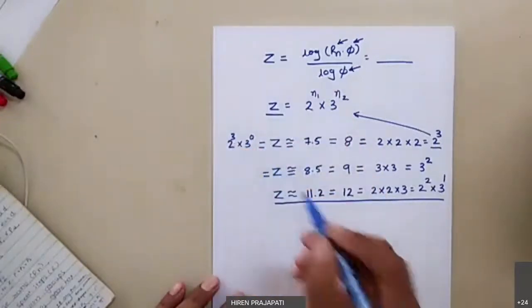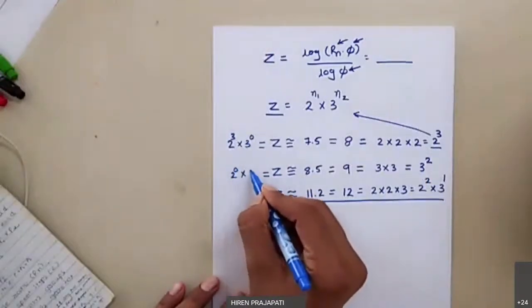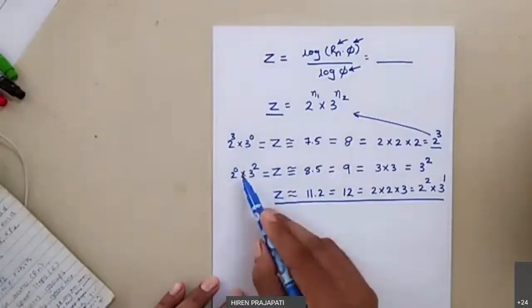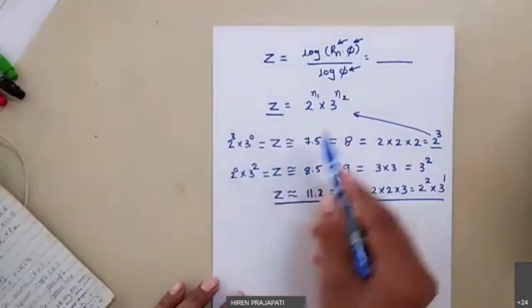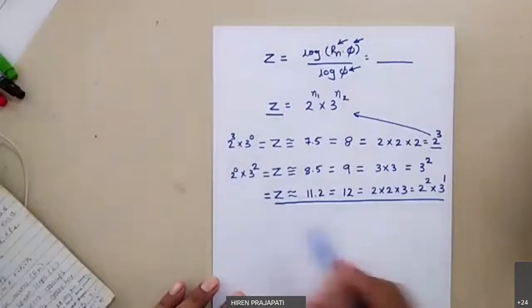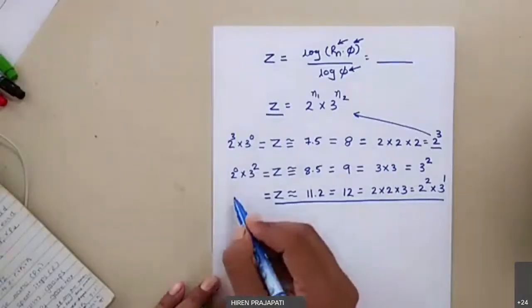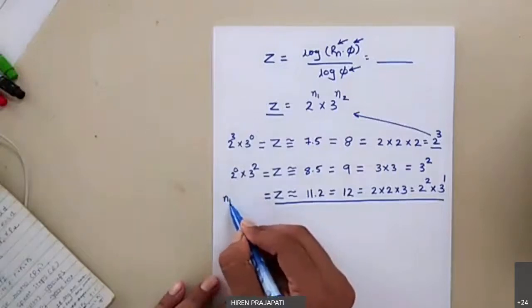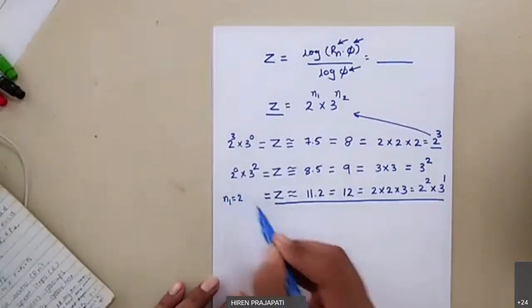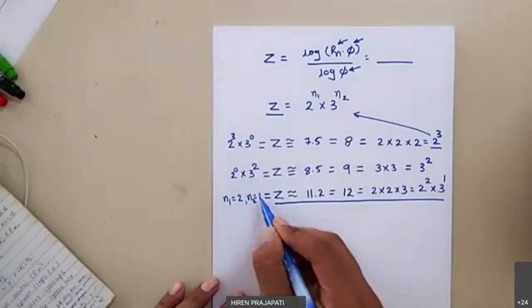Similarly, for this case, 2 raised to 0 and 3 raised to 2, so n1 is 0 and n2 is 2. For this case, 2 raised to 2 and 3 raised to 1, so n1 is equal to 2 and n2 is equal to 1.